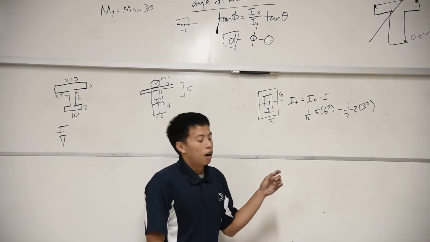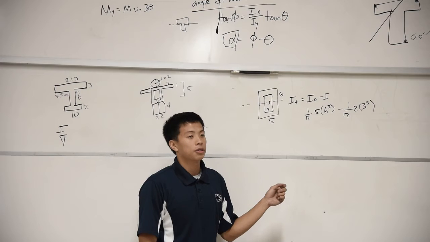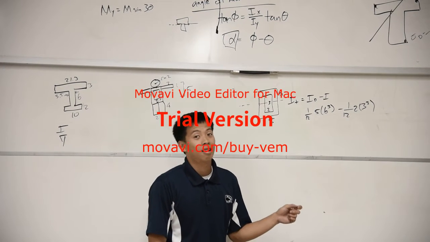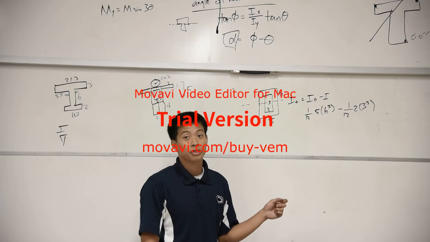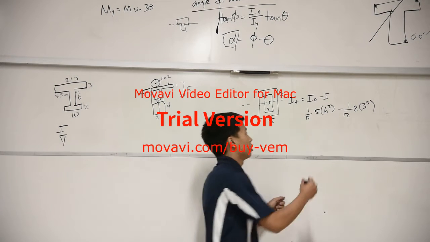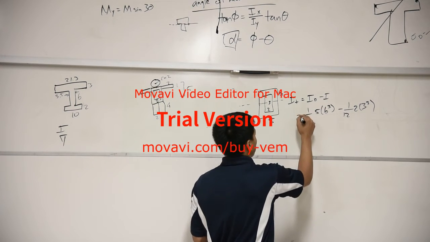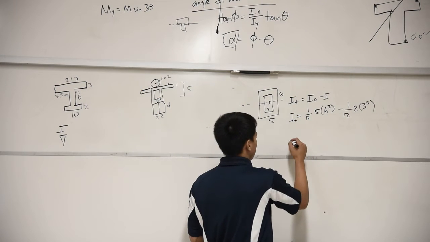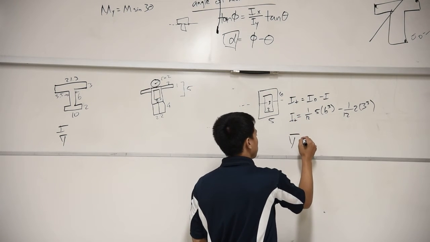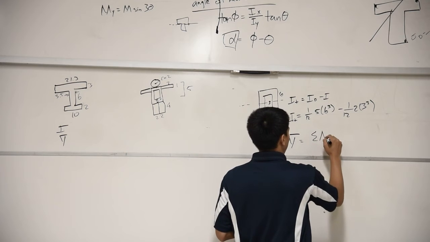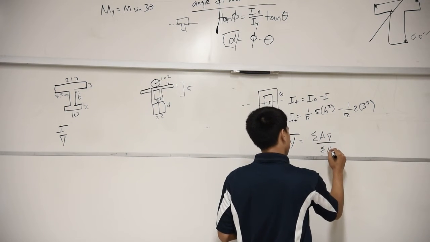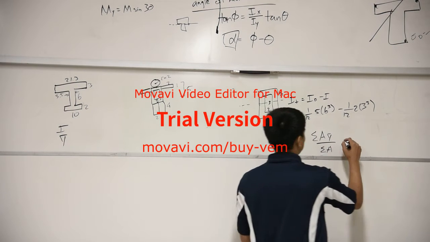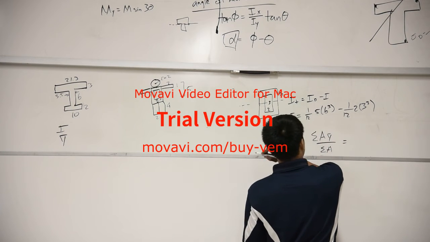Also remember, when you are solving for y bar, the areas are negative for the hollow parts. So that'll be your I total. And then y bar, remember, it's the sum of the areas times y bar.